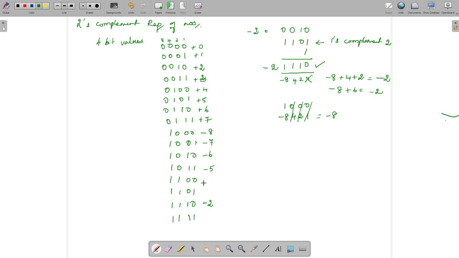So here it is minus 5, minus 4, minus 3 and 1. So how is this 1? It is minus 8 plus 4 plus 2 plus 1. So minus 8 plus 4 plus 2 plus 1 is equal to minus 8 plus 7, which is equivalent to minus 1.